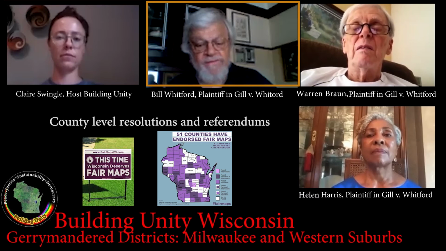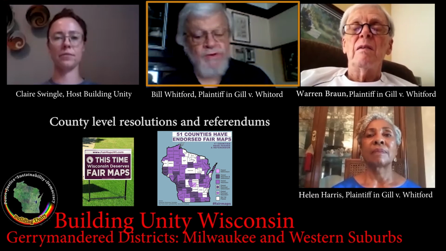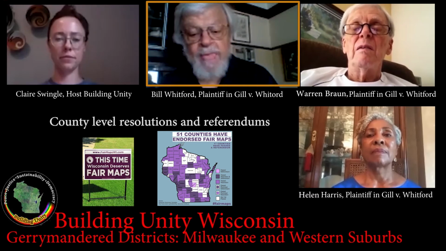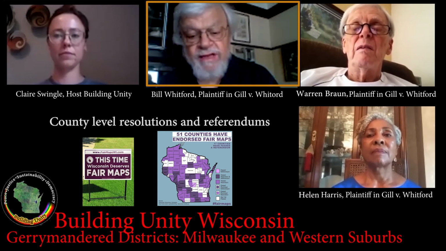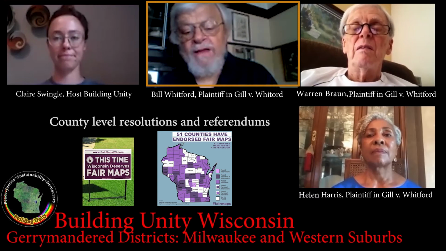And as you can see from this map, every place it's been up, it's passed. 51 of the 72 counties in Wisconsin have now passed it, either as a county board resolution or in an advisory referendum. When it's gone up for a referendum, the popular vote in favor of it has been basically 65% and higher, sometimes significantly higher.